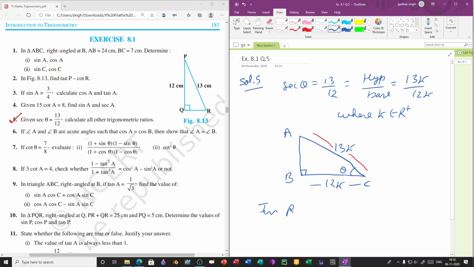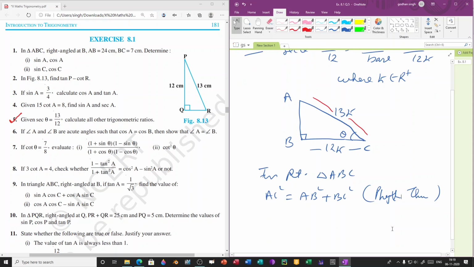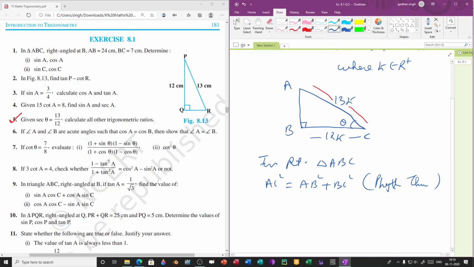In right triangle ABC, AC square equal to AB square plus BC square, that is by Pythagoras theorem. Just we'll put the values from here. So AC is 13K, so we'll be writing here 13K whole square equal to AB square plus BC is 12K, so 12K whole square.